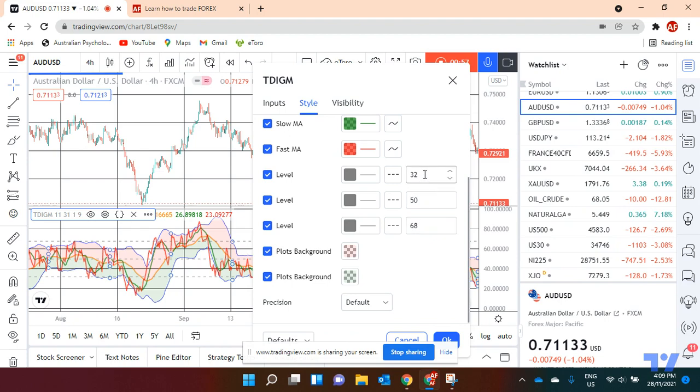These are preset at 30 and 70 on this trading view, but I changed it to 32 and 68 to match the actual setup for the original indicator.